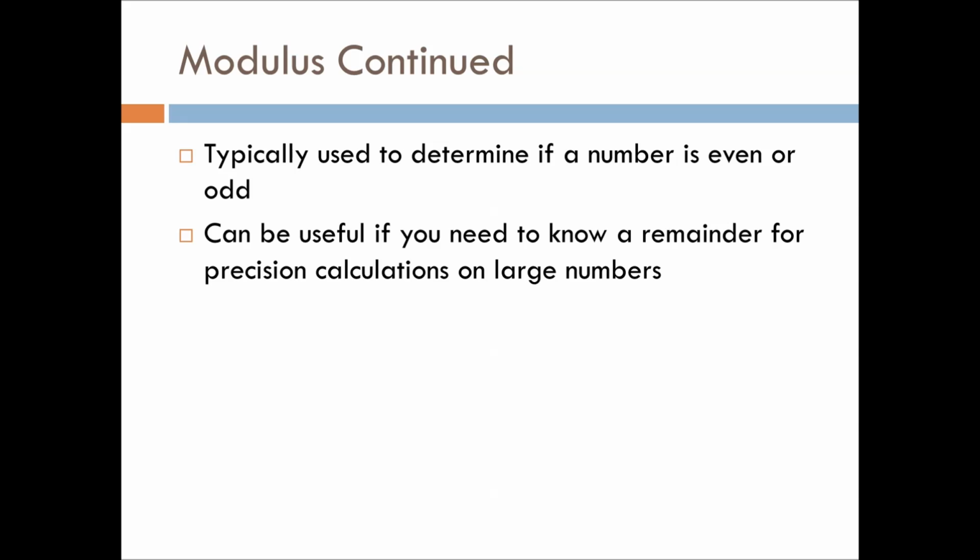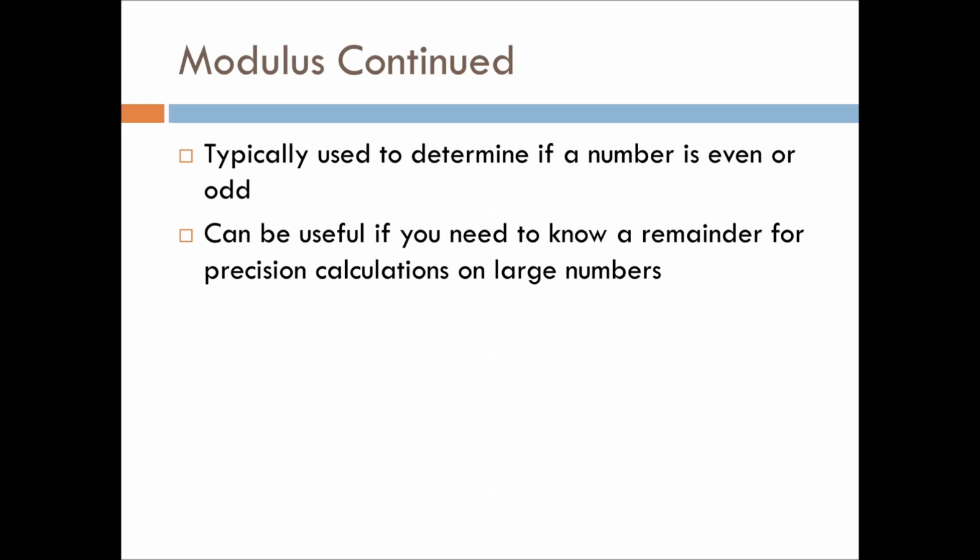So what would you use modulus for if you're not familiar with modulus? Well, the primary purpose that most programmers out there use it for typically is determining if a number is even or odd. If you need that for whatever calculation that you're doing, or if you want to do a cool feature, oh hey, if the amount is even, do this, if the amount is odd, do this.